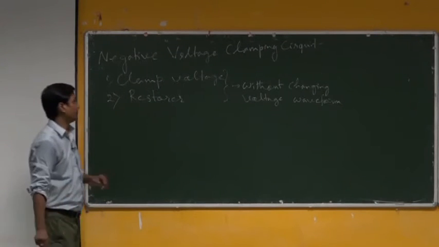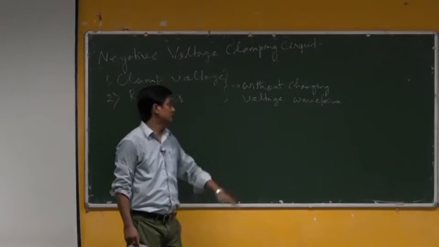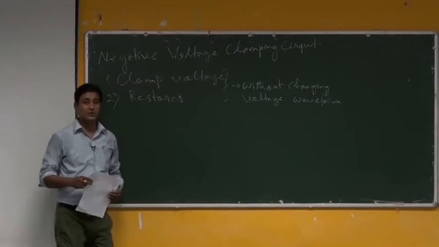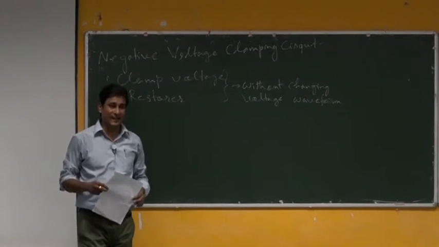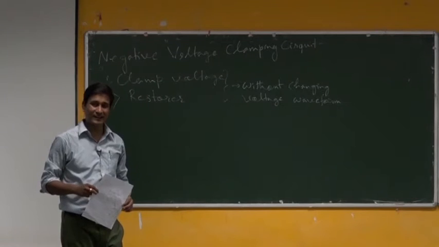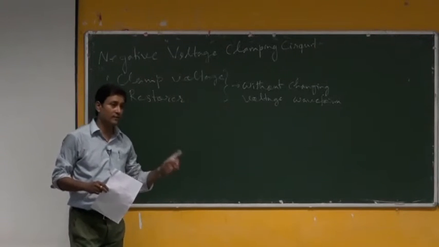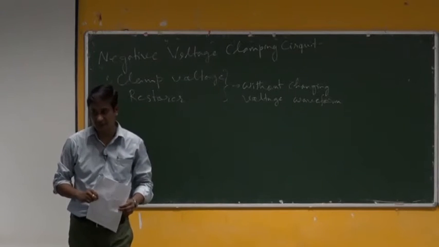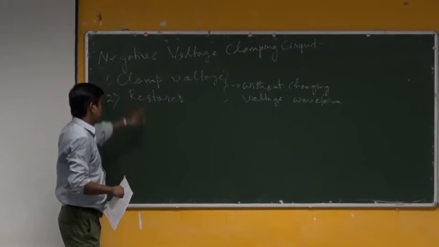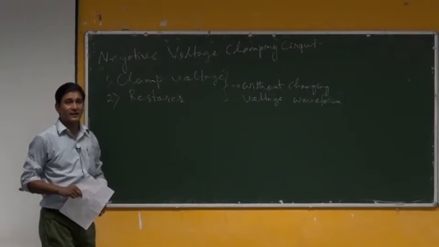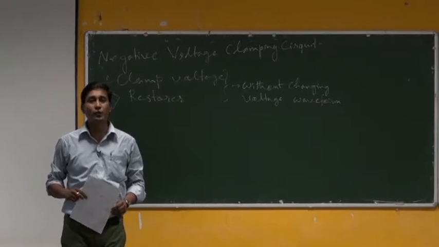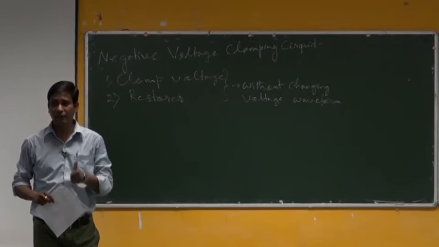Again we will be using diodes there to discuss this clamping circuit. First I would like to discuss what a clamper or clamping circuit is and what it basically looks like, or for what purpose we should go for designing this kind of circuitry. So, basically clampers are the circuits which are able to clamp a voltage.